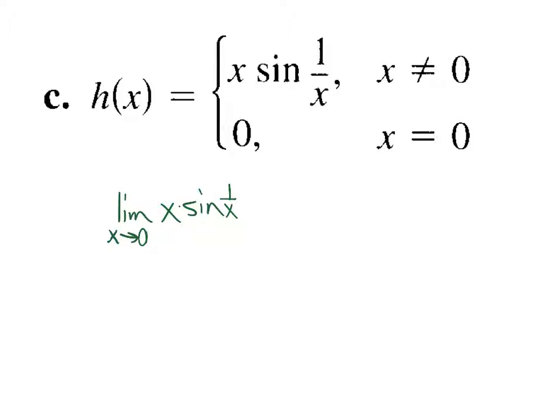Does this oscillate too? Should we check it? Let's check the calculator here. Let's see what this looks like. So x sine of 1 over x.